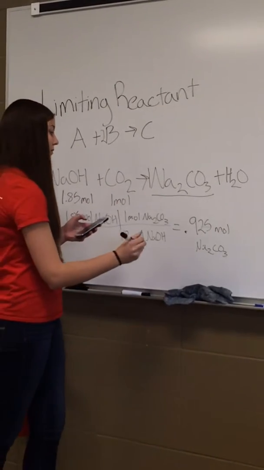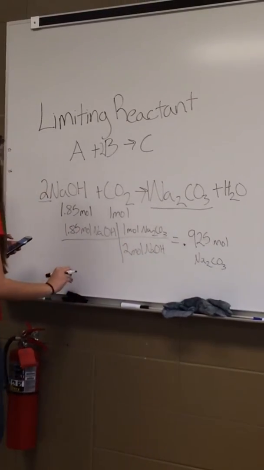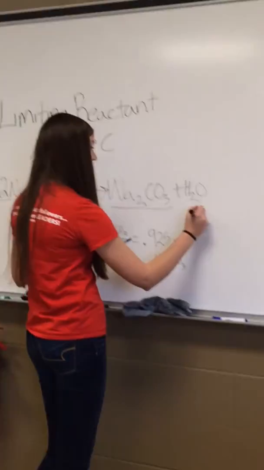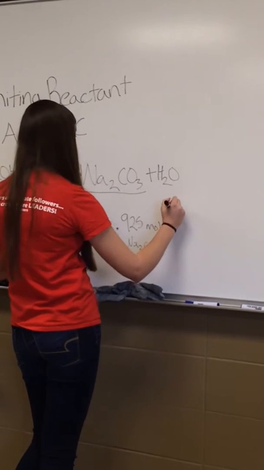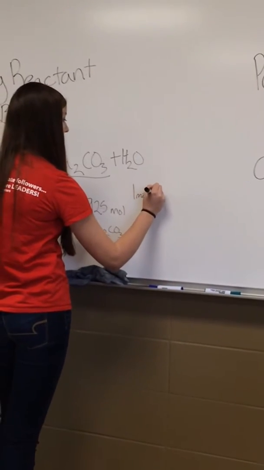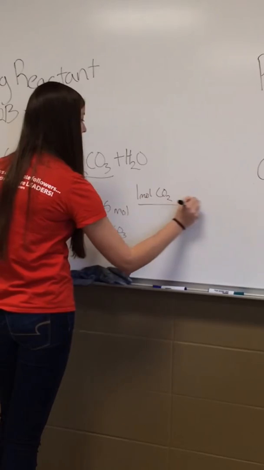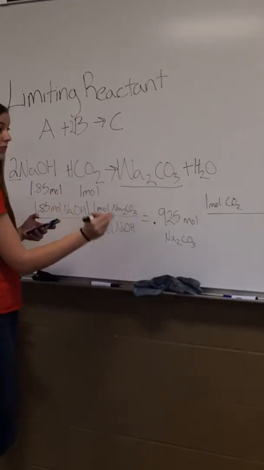And then in order to find the limiting reactant, we also have to consider CO2. So if we go over here, we're given 1 mole of CO2. Then in the equation, we also have 1 mole of CO2.